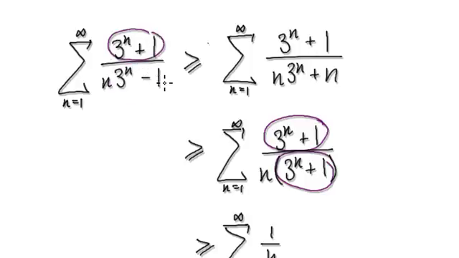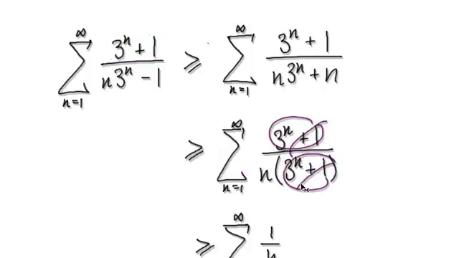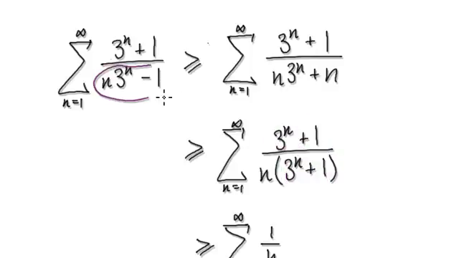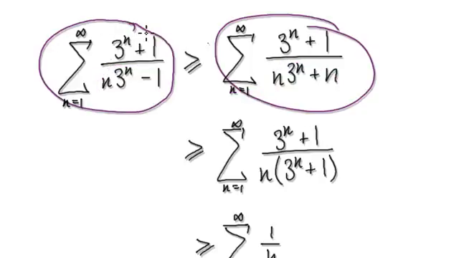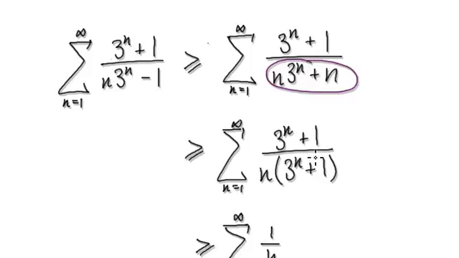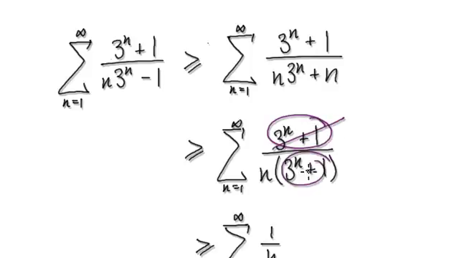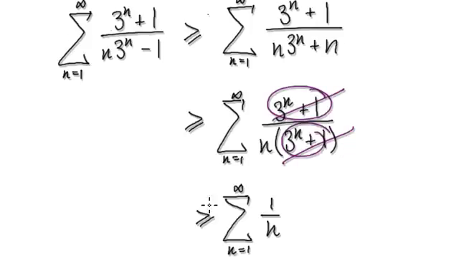If you somehow can get it to this plus n here, then you can factor it out like this, so that these two will cancel each other out. So the trick here is to turn this into this. So we know that this thing here would be less or equal to this thing here, and then factorize out the n. That will then give you this, and then these two will cancel out, giving you this.